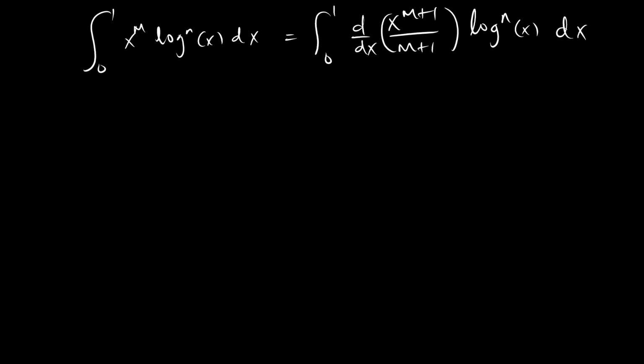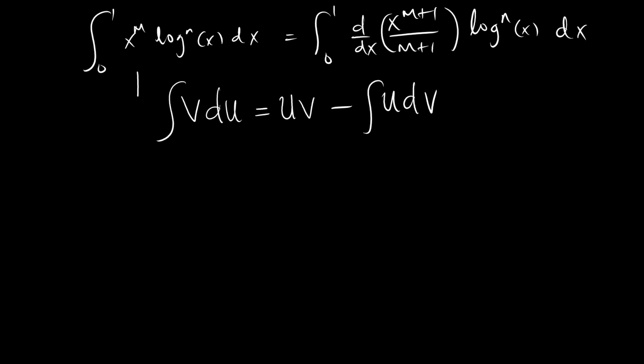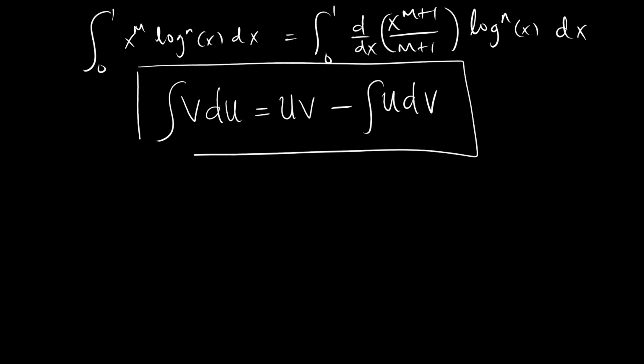What integration by parts says is that when you have an integral where the integrand is the product of function v and the derivative of function u, then the answer is uv minus the integral of the product of function u and the derivative of function v. So with that in mind, this part here is our u, and this part here is our v.